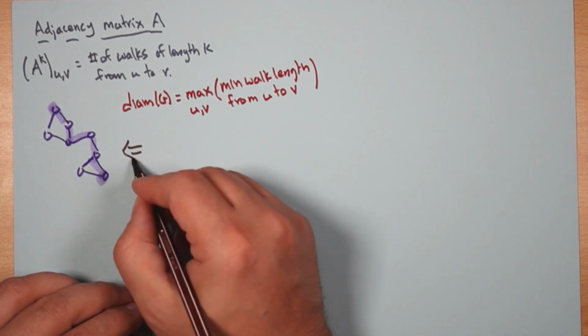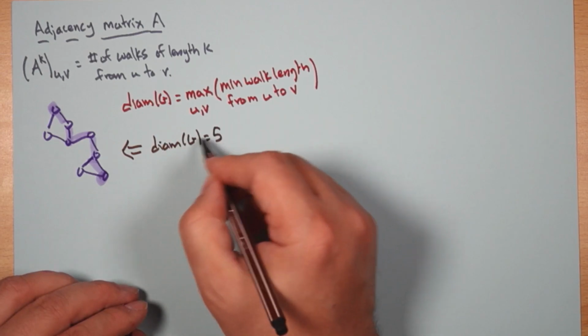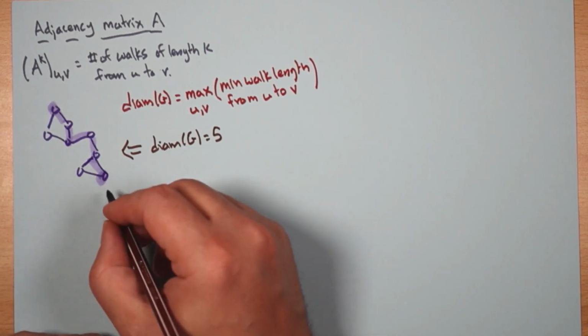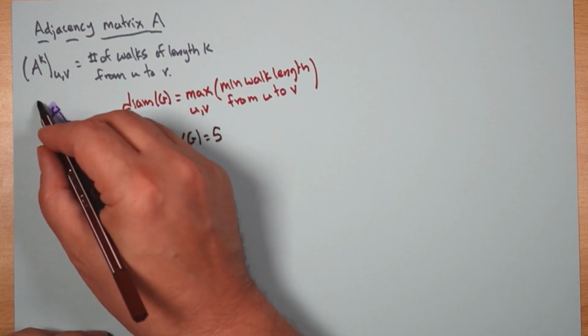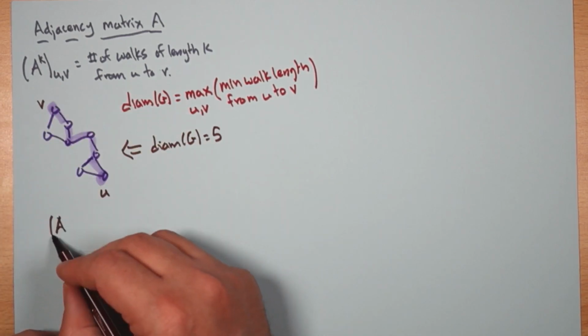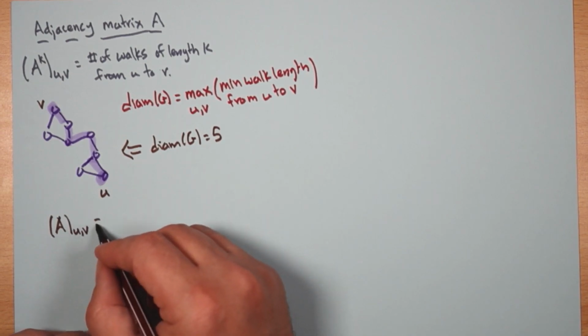Now, what does that tell us? Let's look at our adjacency matrix. If I call this vertex u, and I call this vertex v, what's true about A at uv? It's 0.